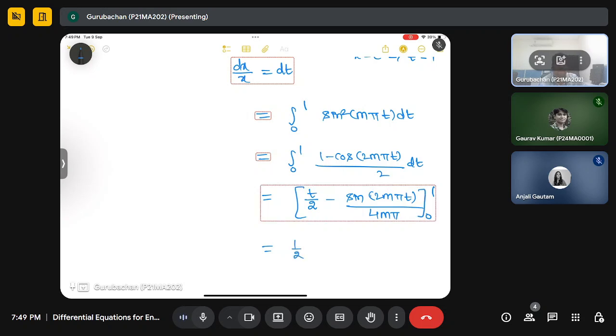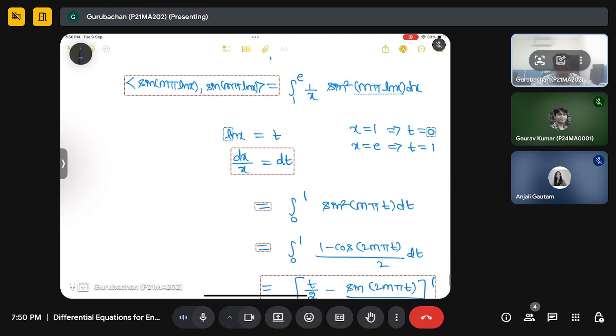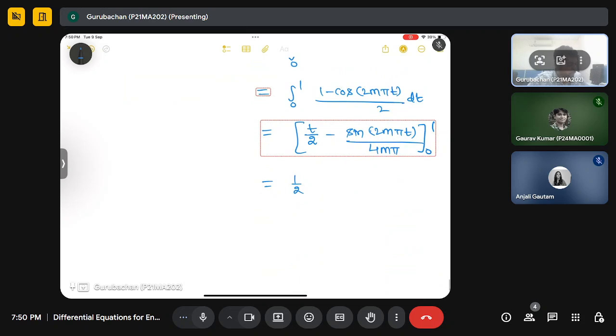Sin(2m pi) will be 0 since m is a natural number, and sin 0 is again 0. Did we make some mistake? Let me re-verify it, question number 3. Okay, so it's correct.